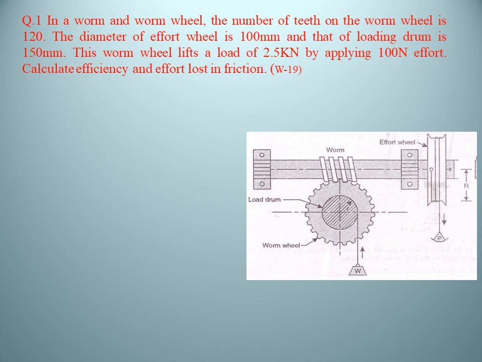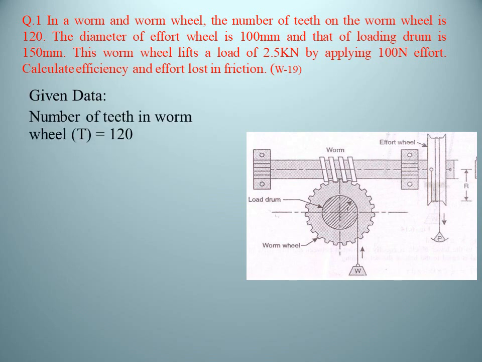Okay, then move towards the given data which is given in this question. The number of teeth in the worm wheel, T, is equal to 120. That is, on the worm wheel the number of teeth is 120.